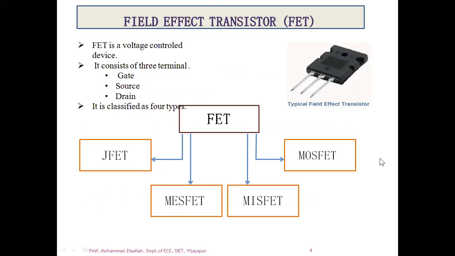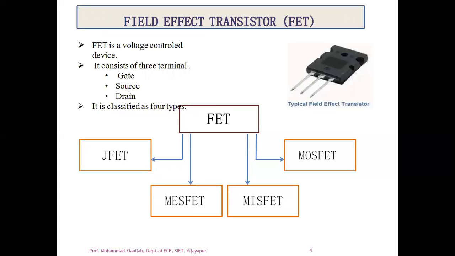Coming to the broad categorization of FET, basically FET is a voltage controlled device. Because of its advantages, FETs are broadly classified into four types. First is JFET, MESFET, MISFET, and MOSFET.